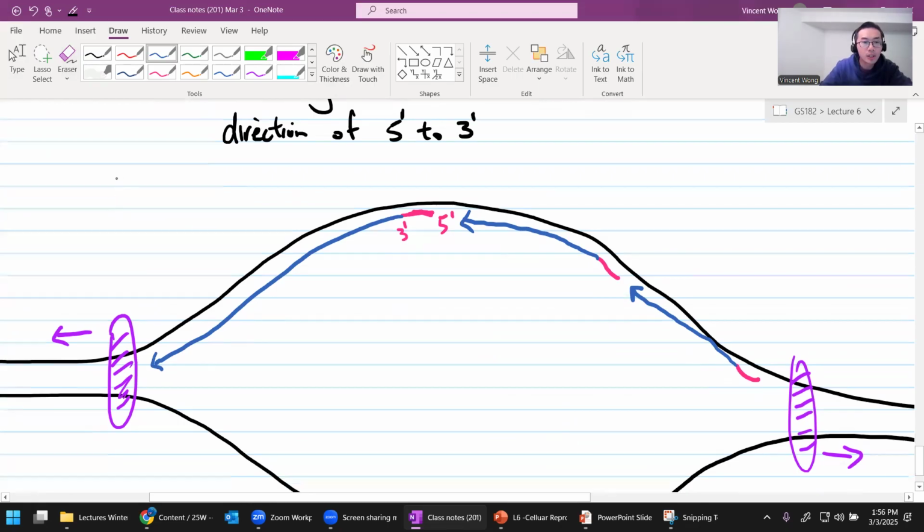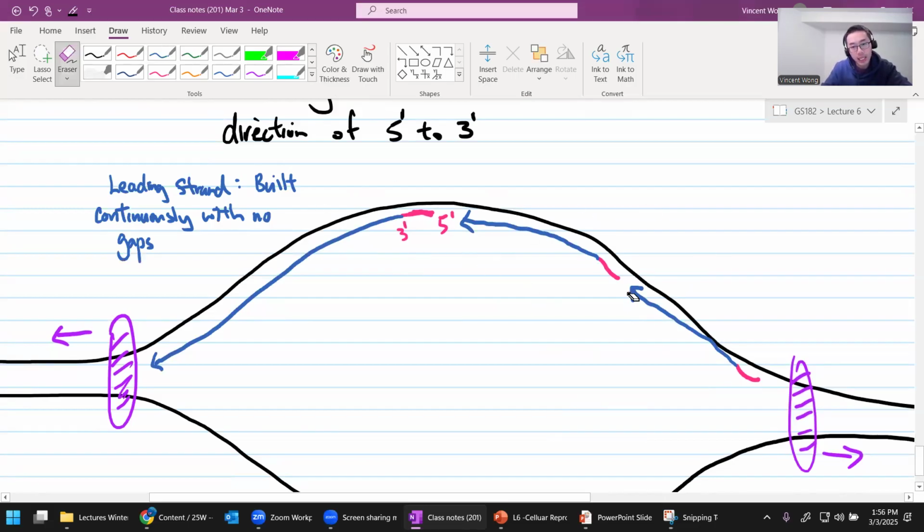Okay. So for the side that's being built continuously with no breaks, that is called the leading strand. It is built continuously with no gaps.